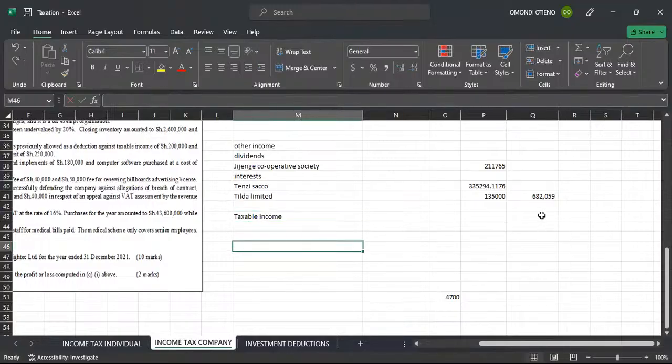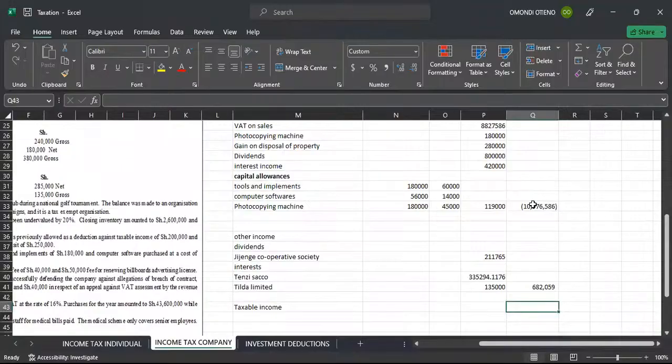Somebody to get us the value of taxable income down here.